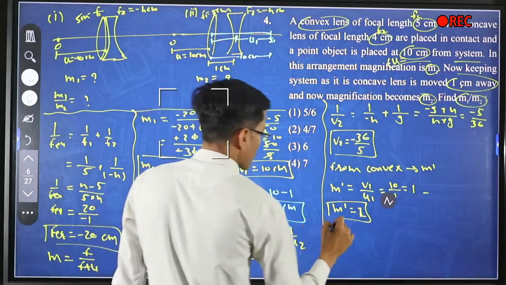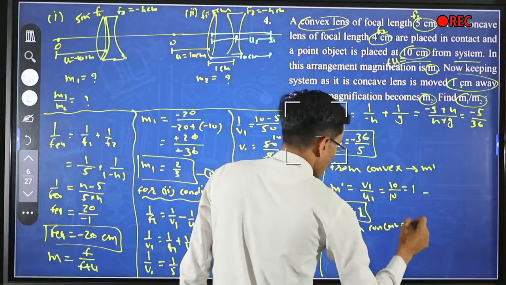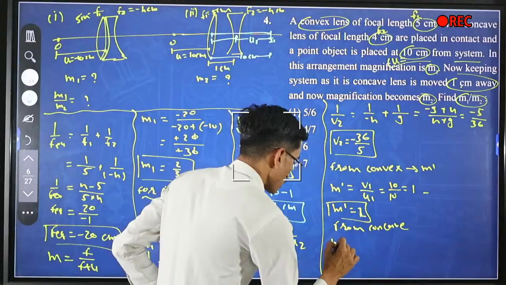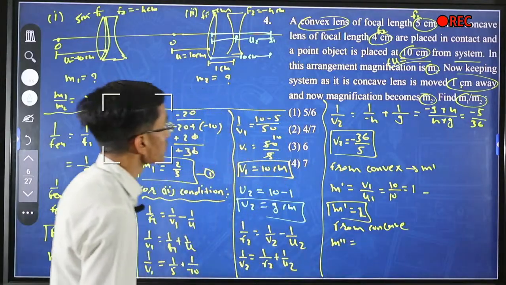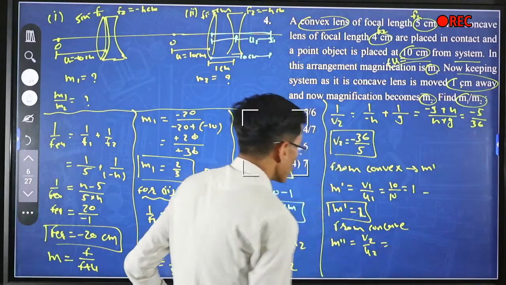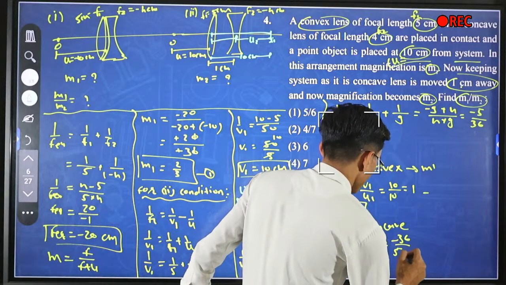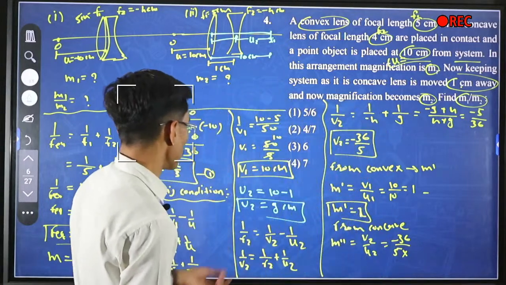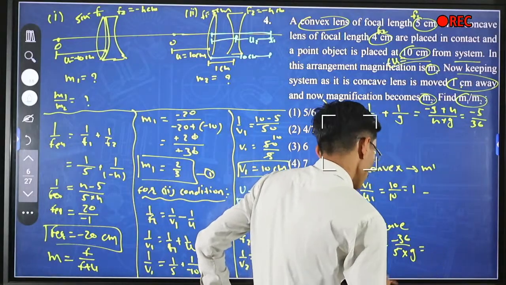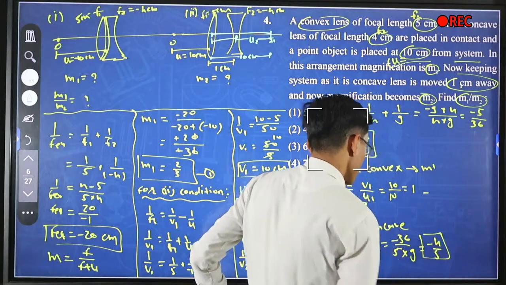Now let us find the magnification due to the concave lens. Let us say it is m double dash, then m double dash will become v2 by u2. So v2 comes to be minus 36 by 5 and u2 is 9. So 9 into 4, so minus 4 by 5 is m double dash.